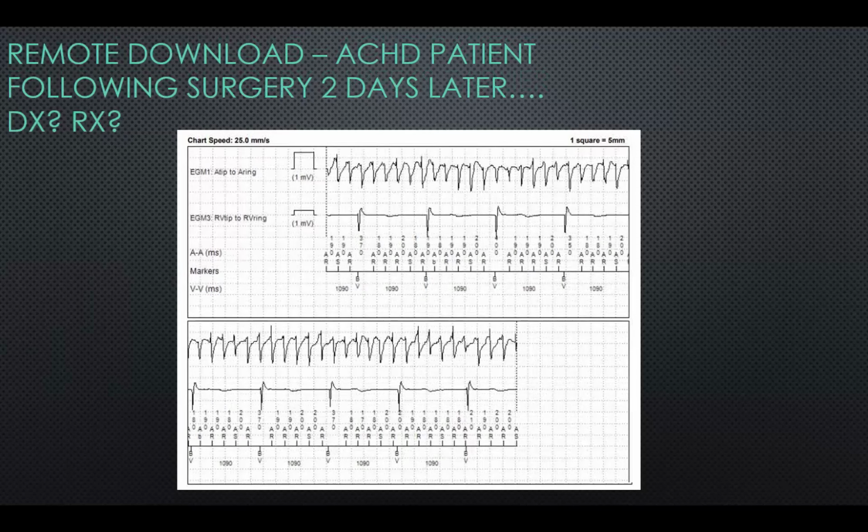This is now. And the spikes that are present in the A tip to A ring, the one that is present in the first one and the one that's present like 3 beats after that, those also mean AS, atrial sensing?